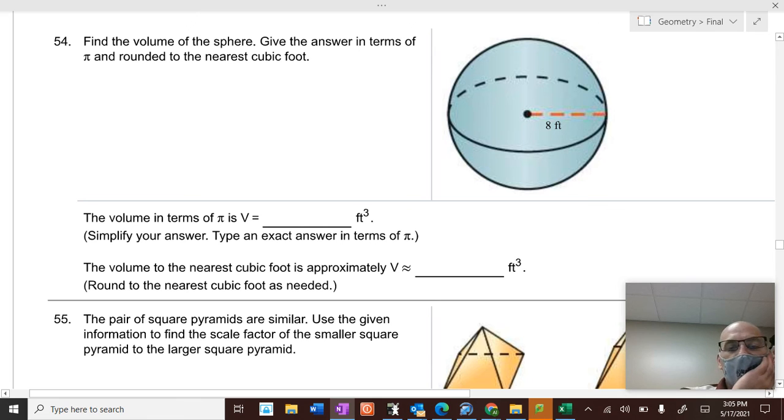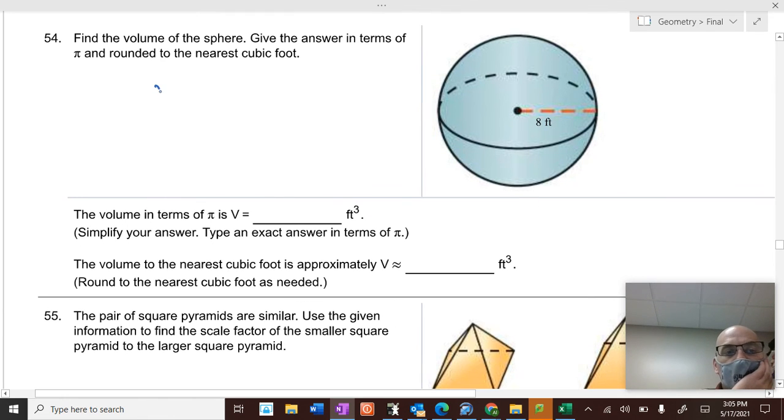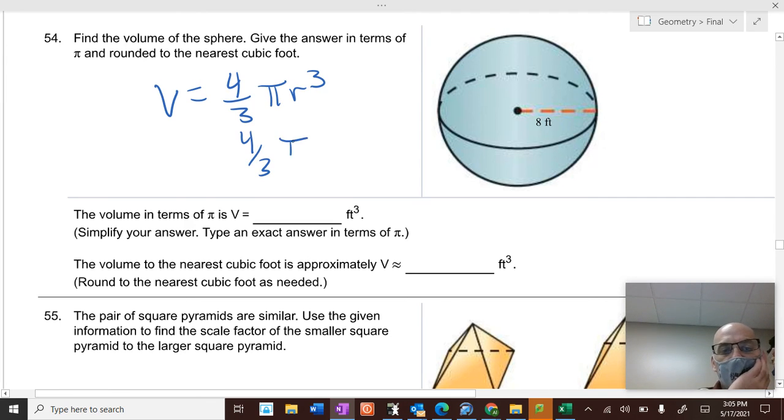The volume of this is 4/3 pi r cubed. So it's 4/3 times pi times 8 cubed. So it's 8 times 8 times 8 times 4, which is what, 2048 over 3 times pi.